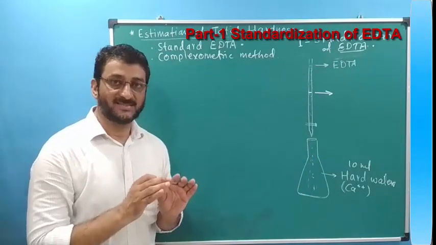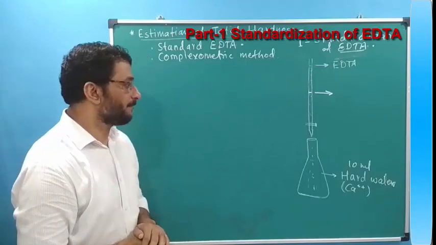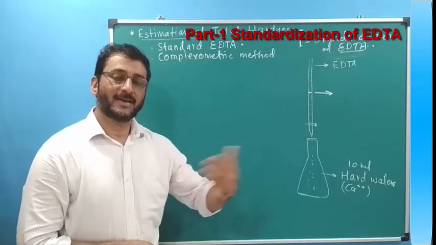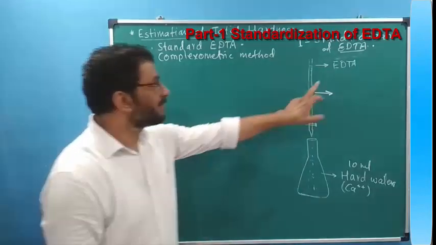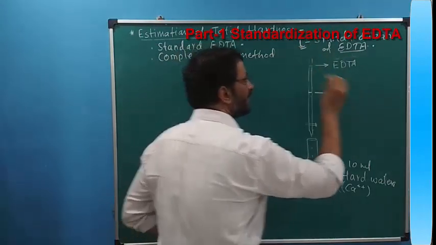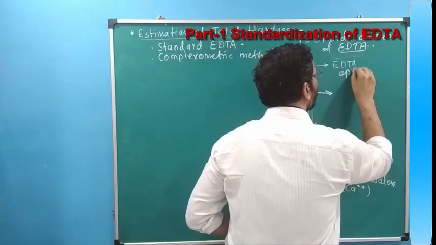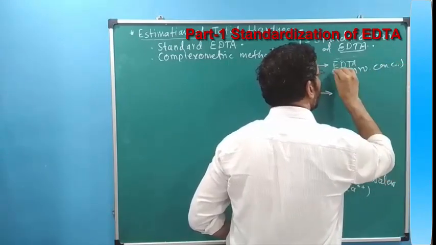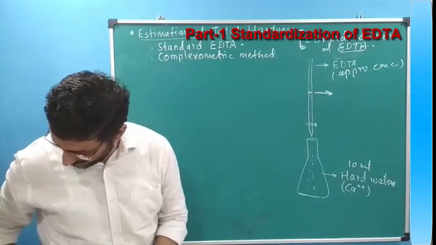I should know the exact concentration or molarity of that EDTA, then only my calculation part will be correct. So we are making EDTA standard. In part 1 it is not standard; we can say it is an approximate or even unknown concentration of EDTA.